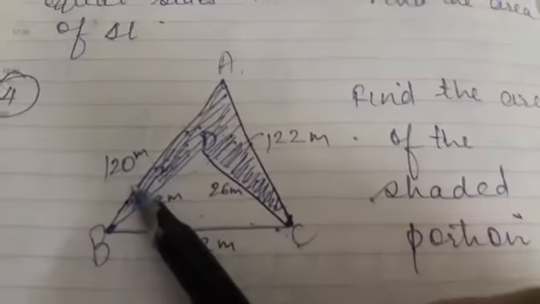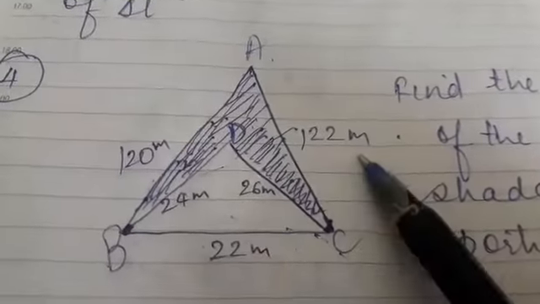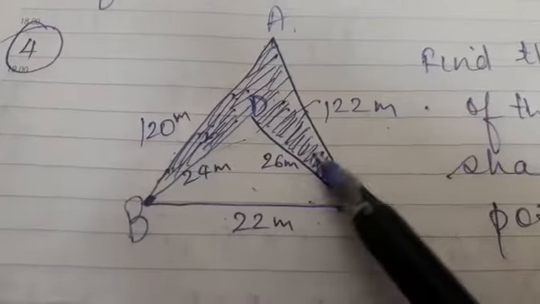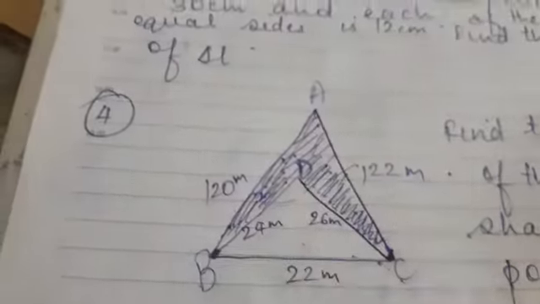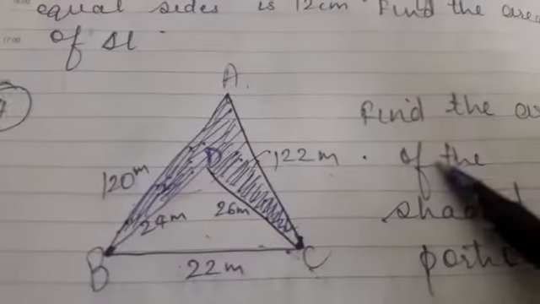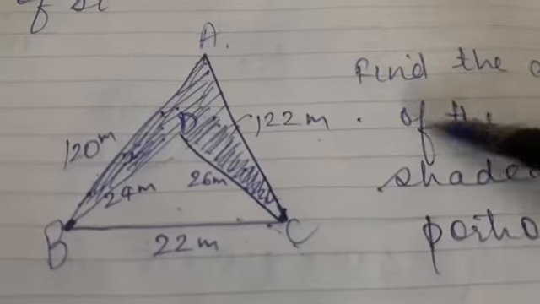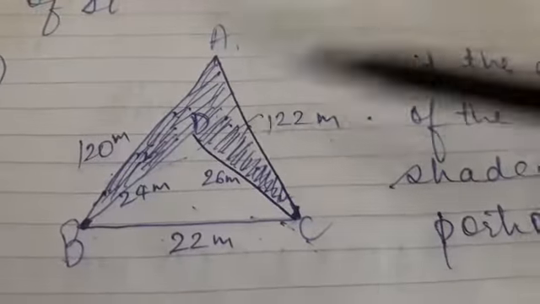What are the sides given for triangle ABC? You can check the diagram here: 122, 120, 122 and 22, 24, 26 and 22, and then you can find the two answers. It is easy to solve because you have been learning this since the previous exercise.